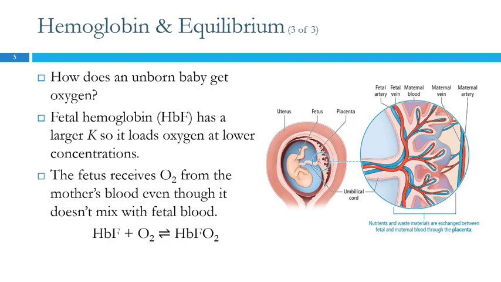They come close to each other. There are just thin membranes and stuff that separate them from each other, but they don't actually mix. But when the fetus's blood comes near the oxygenated mother's blood, then the fetal hemoglobin will load oxygen, even though it's at a lower concentration than in the mother's lungs, because it's a special kind of hemoglobin.